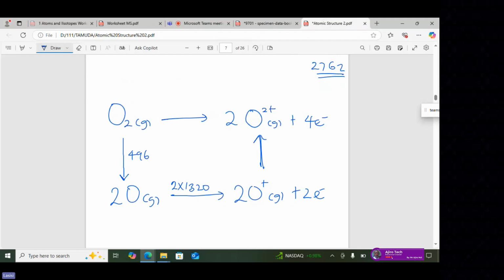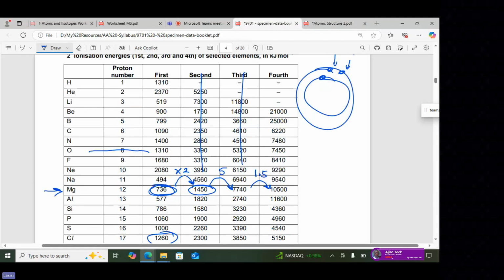Lastly, this is 2 times the second IE, which is what they mean by involved. The second ionization energy is 3390.